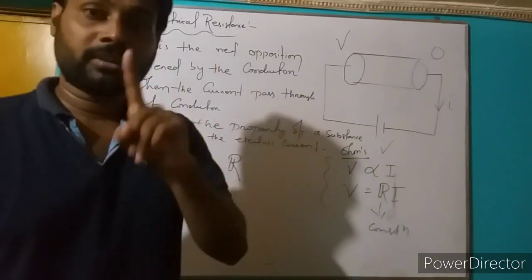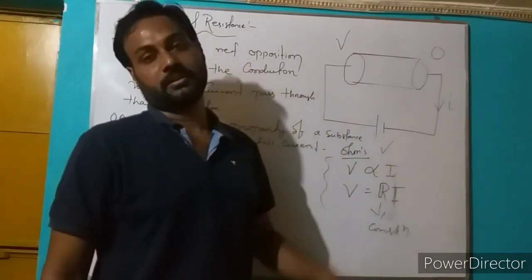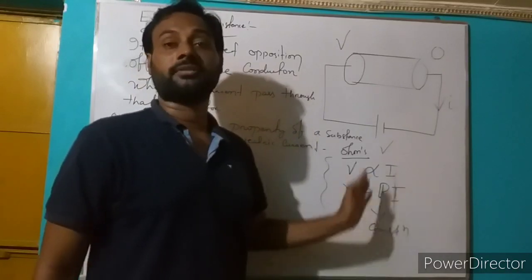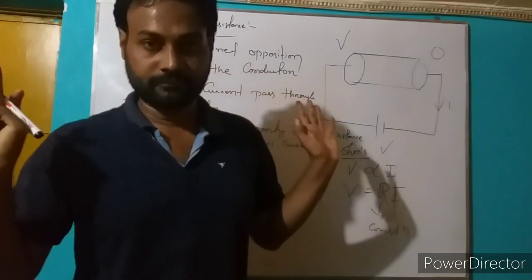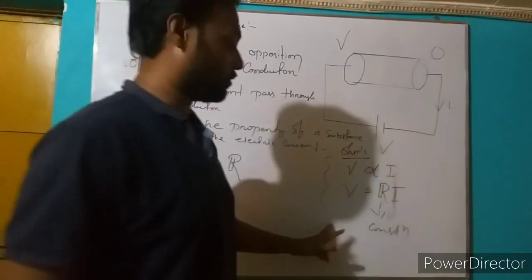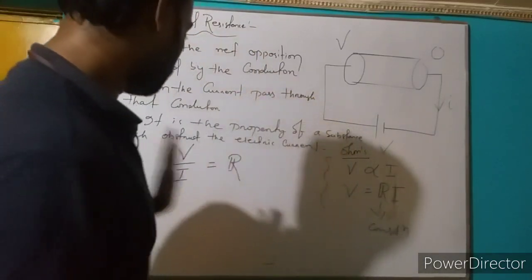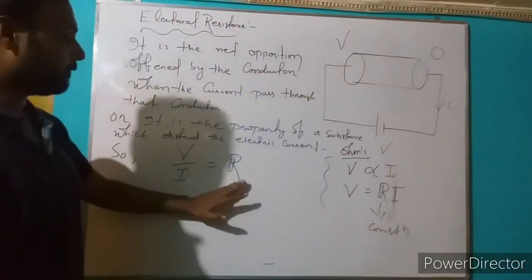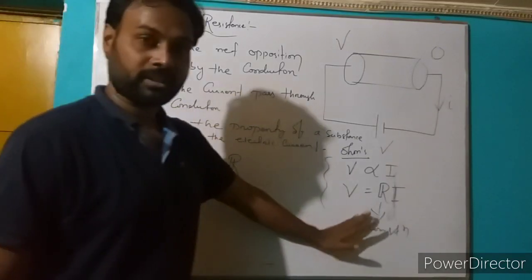For different materials resistance becomes different, but in case of an ohmic conductor resistance becomes constant, whenever the current flows through the circuit at a given temperature and the circuit obeys Ohm's law.